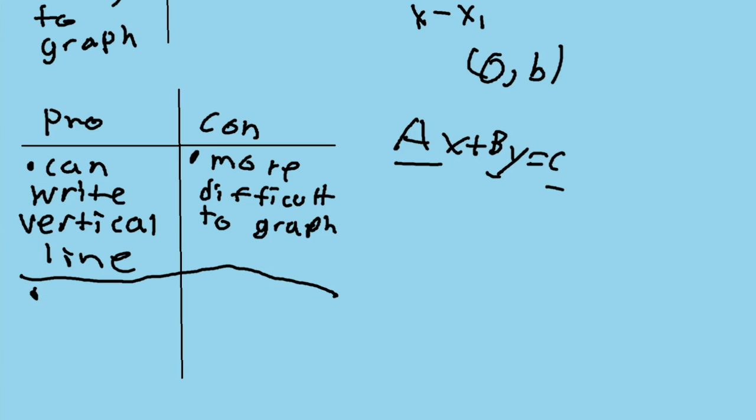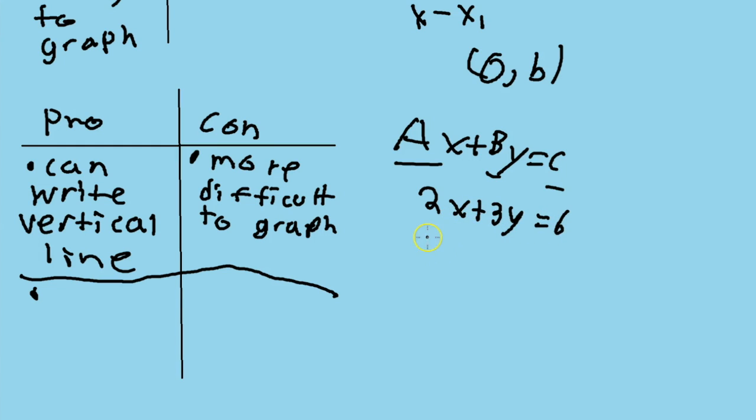Also, in standard form, you can find the x-intercept much quicker than in point slope and in slope-intercept form. For example, let's say 2x plus 3y equals 6.